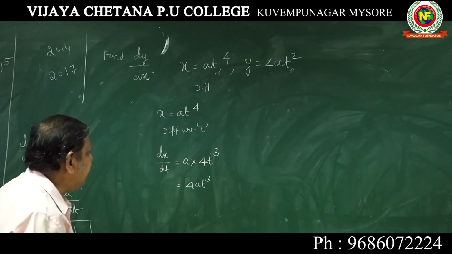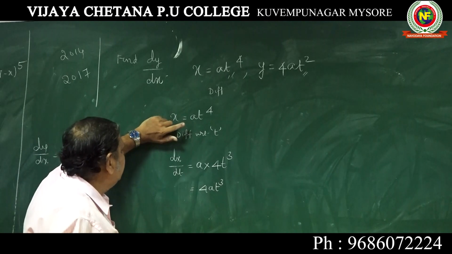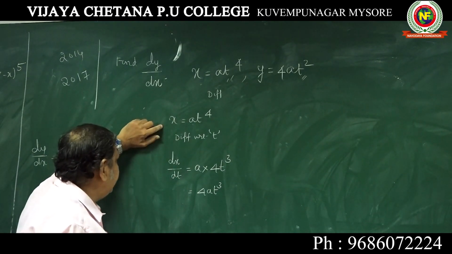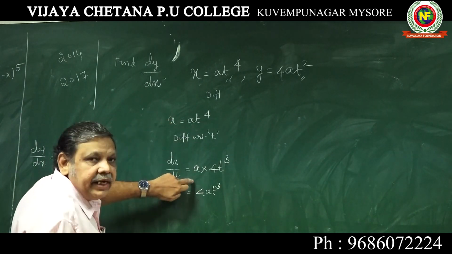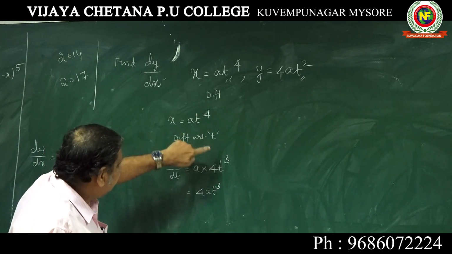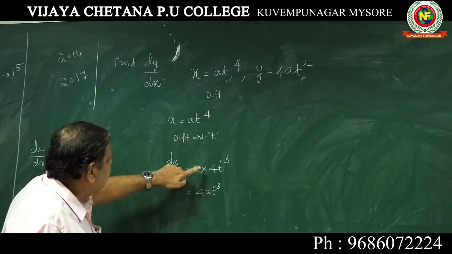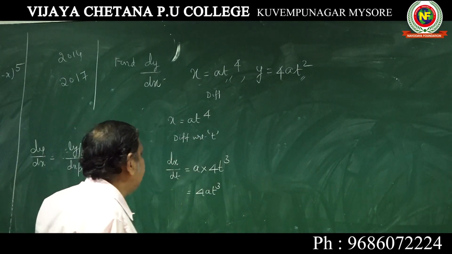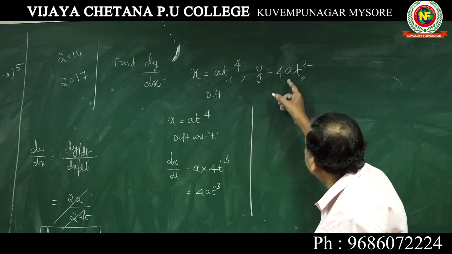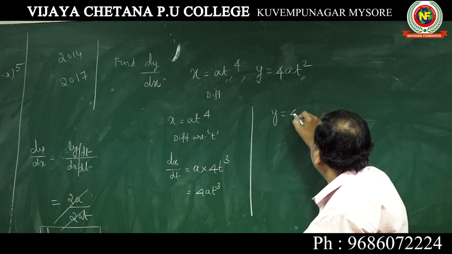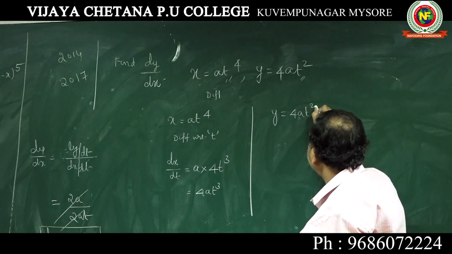See here, very important thing: x equals a t to the power of 4. You are differentiating, t is the parameter. dx by dt is equal to a constant and t to the power of 4, it is 4t cube. You know n x to the power of n minus 1, so it is 4at cube. Similarly, y is equal to 4at square.